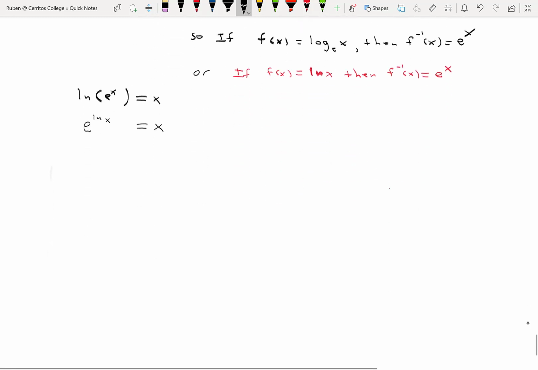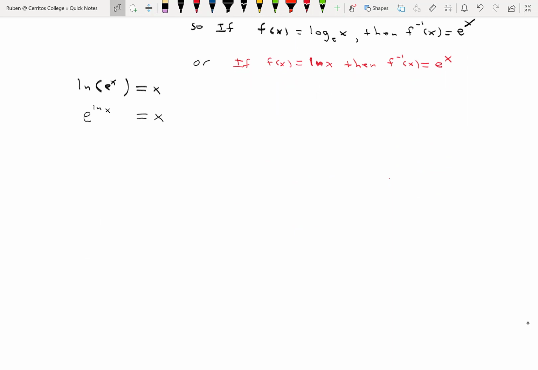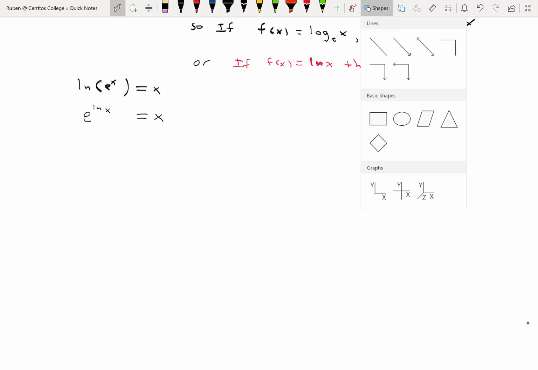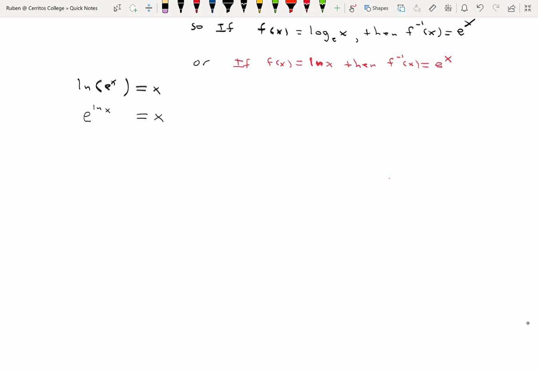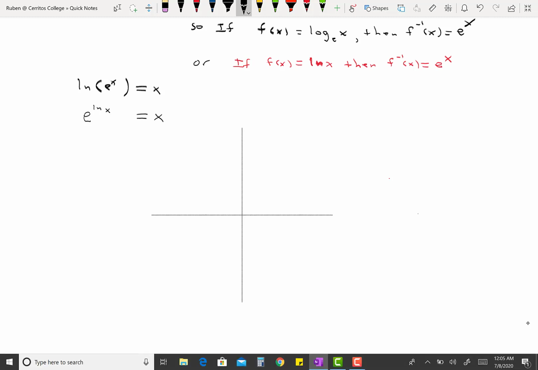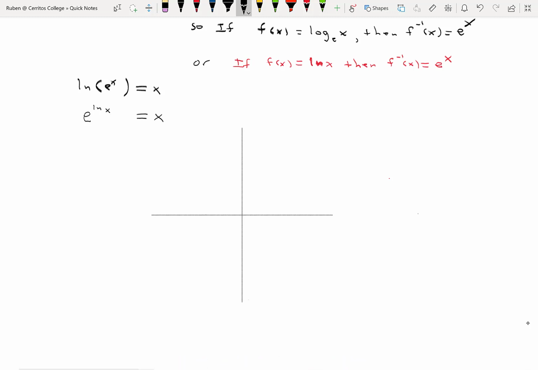Okay, so let's take a look at the graph of the natural exponential function e to the x. Let's approach this by reflecting the natural logarithm function about the line y equals x. Remember, when you graph a function and its inverse on the same axes, they appear to be reflections of one another across the line y equals x. We learned last time that the natural logarithm function looks like this.